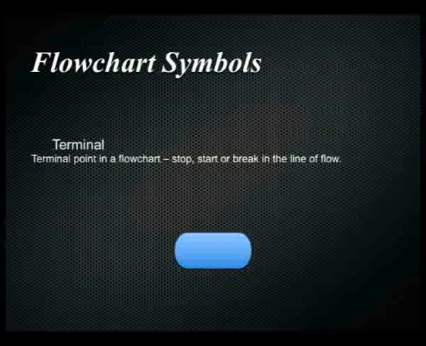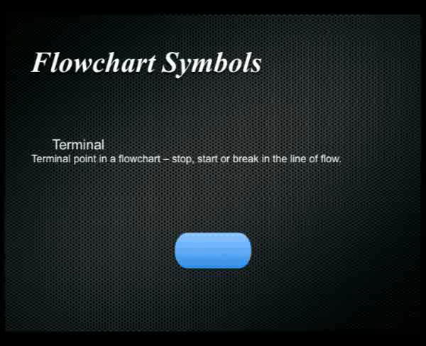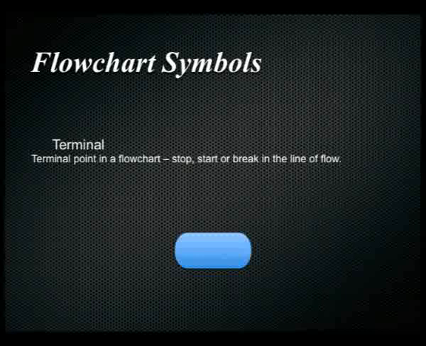Terminal blocks are very important when it comes to flowcharts because we'd like to know where our flowchart starts and of course where our flowchart ends. A program generally starts in a predefined place and it usually ends in the same place. So therefore our flowcharts will always have a start or begin block and an end block.